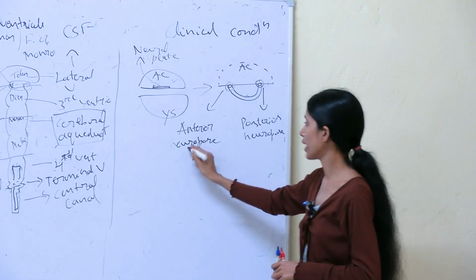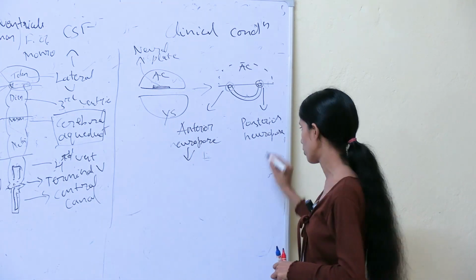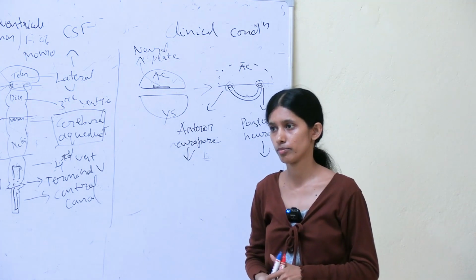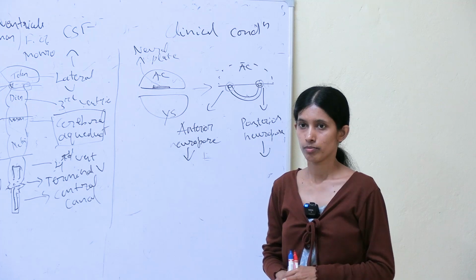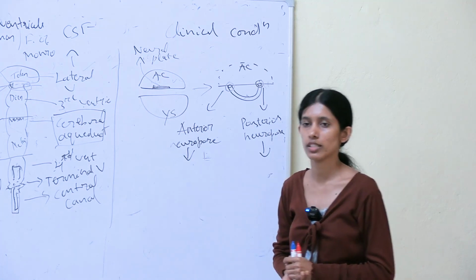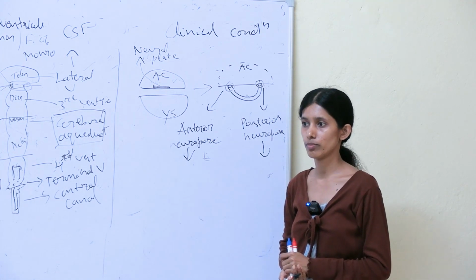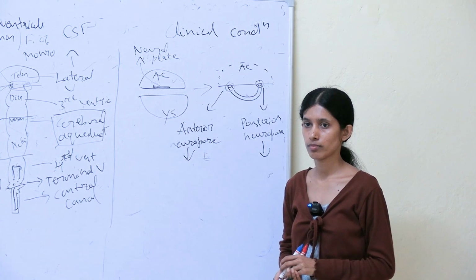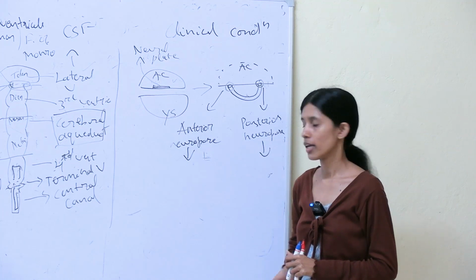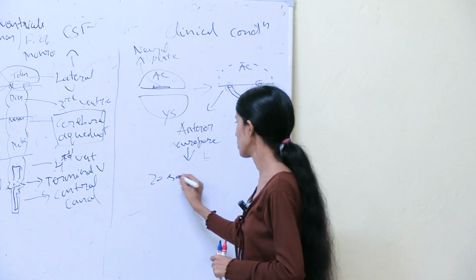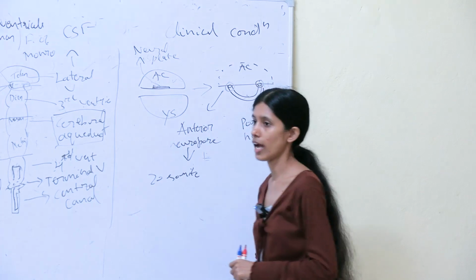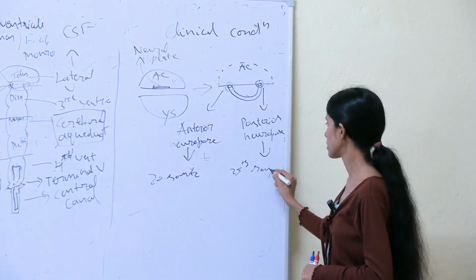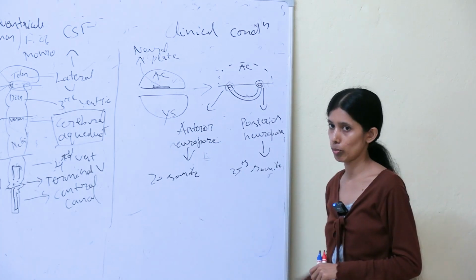Okay. And your anterior neuropore is present at which somite level? These points are already discussed. At which somite stage can we see the anterior neuropore? 4th. In the 20 somite stage, we can see the anterior neuropore, and in the 25th somite stage, we can see the posterior neuropore.